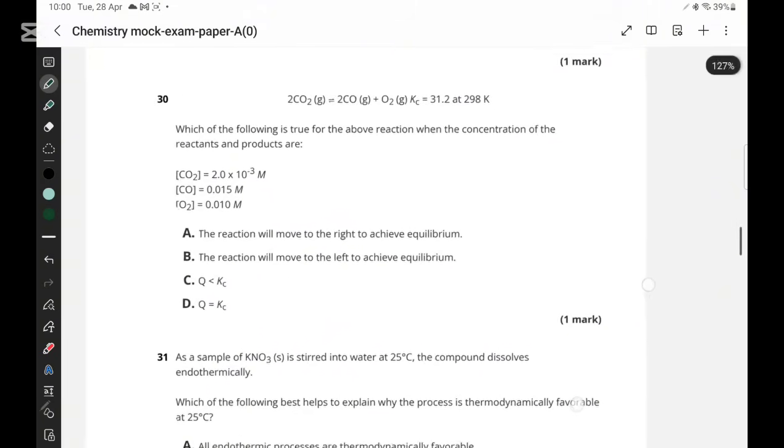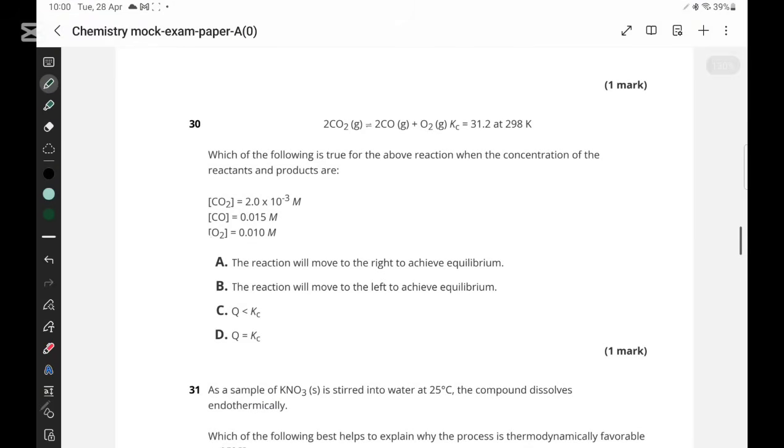For question number 30, they are saying 2CO2 is forming 2CO in gas form plus O2. Kc is equal to 31.2. First of all, they have given us different concentrations, and they are asking where the equilibrium will move. First, I'm going to find the value of Q. Q is equal to the products, CO squared times O2, over CO2 squared.